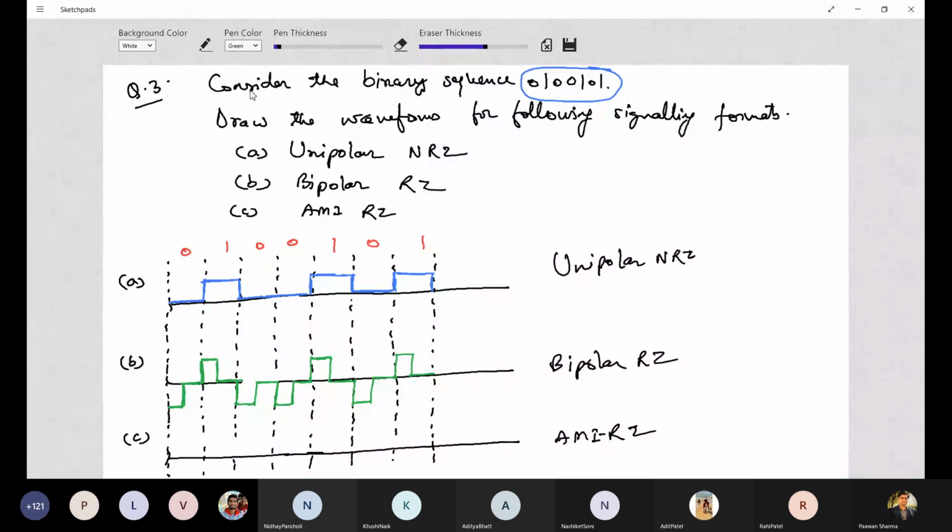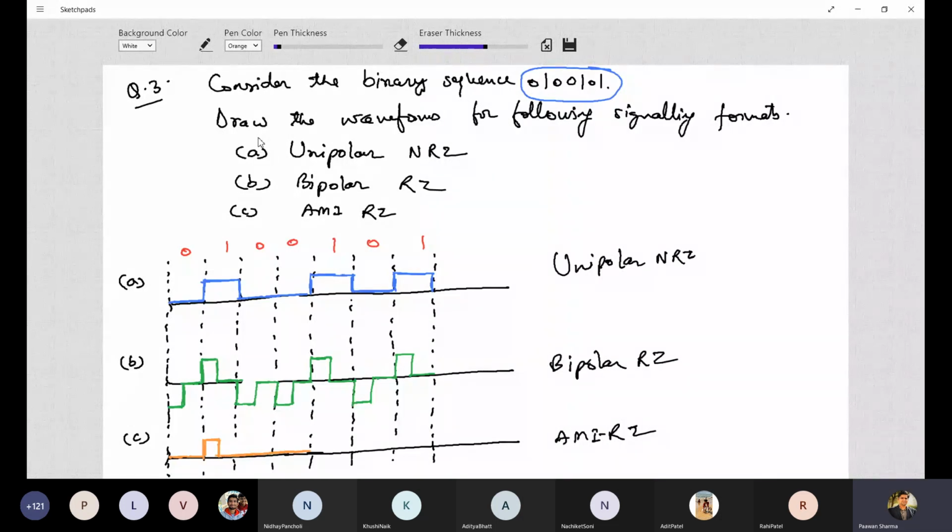Since it is return to 0, we also have to take care of that RZ portion. So in exact mid time, it will come here, and till the next one comes, it will be 0.